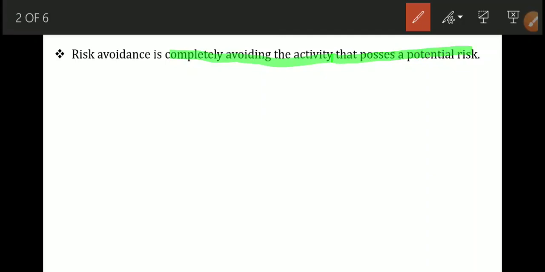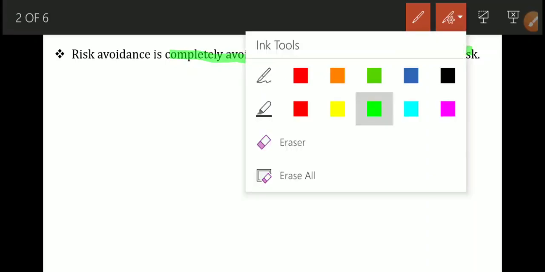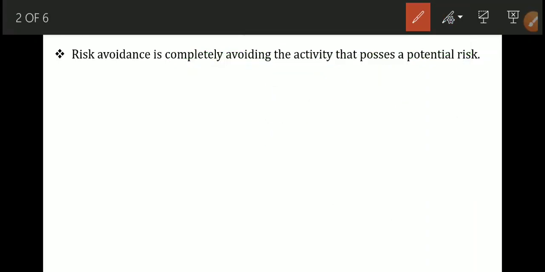That activity possesses a potential risk, so the person is going to completely avoid that activity. That is risk avoidance. So completely avoiding the task or any activity in which there is a potential risk.